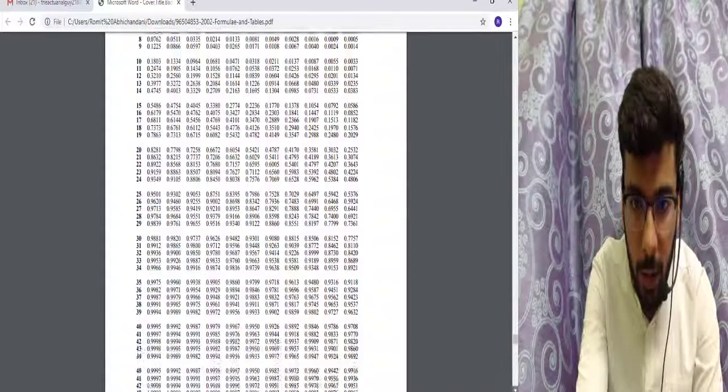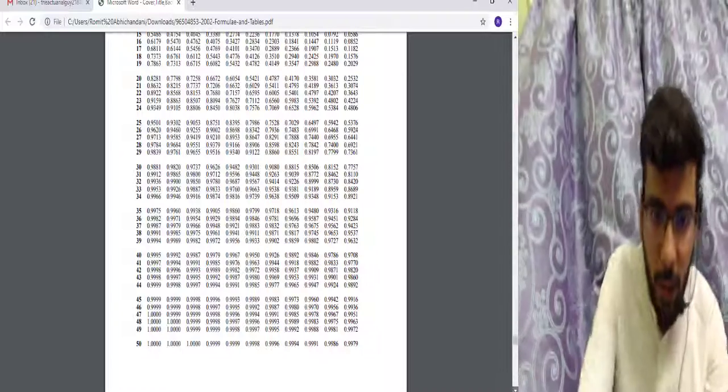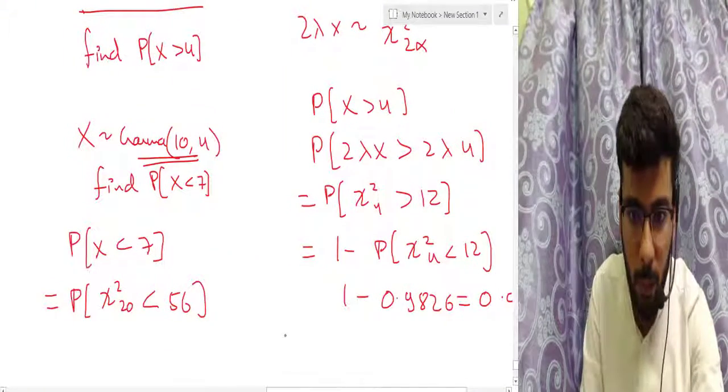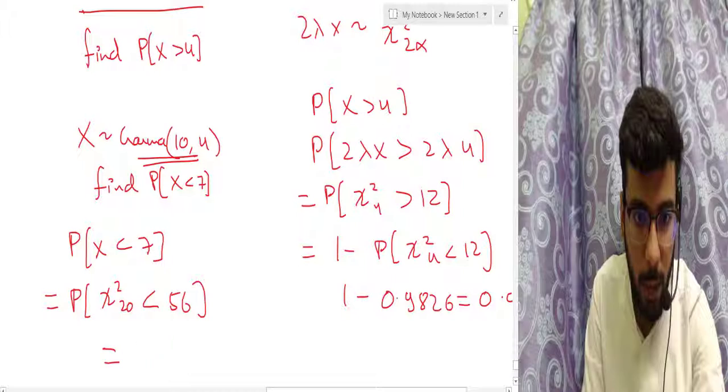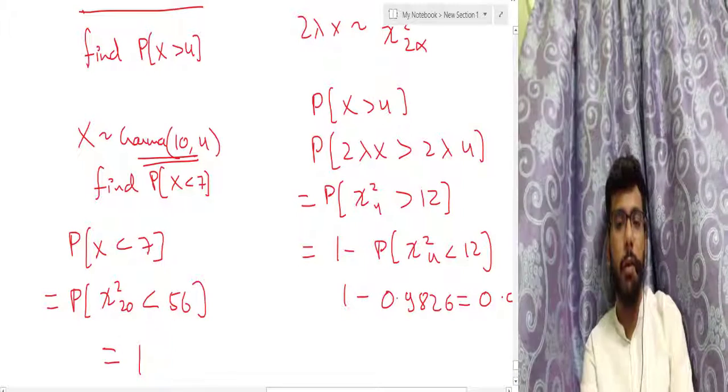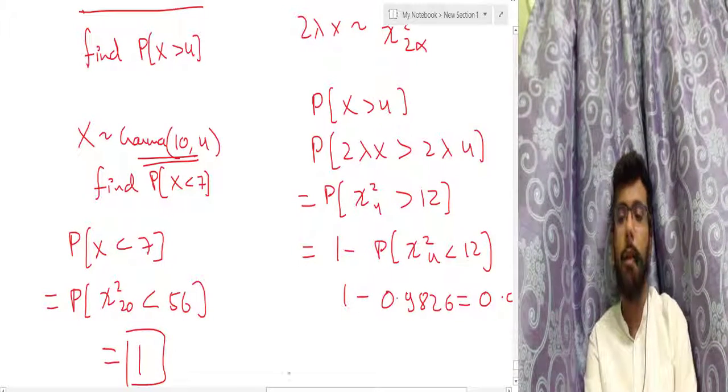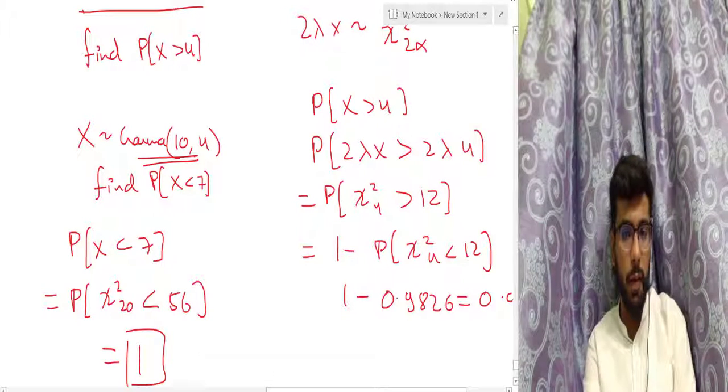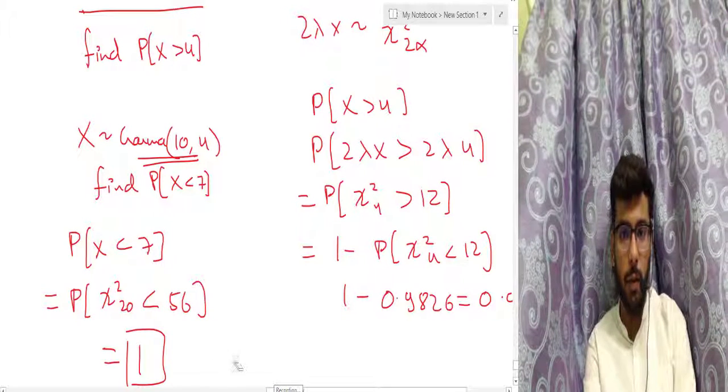In the 20 row, if you see, it is almost 1. So your answer becomes almost 1 only. So the probability that chi-square 20 is less than 56 is just 1. So that's your answer, and that is how it works. Now let's just move on.